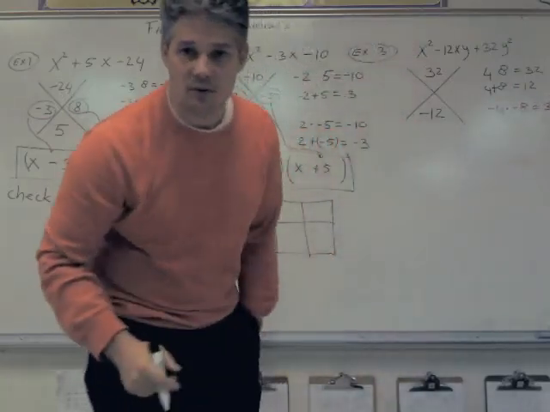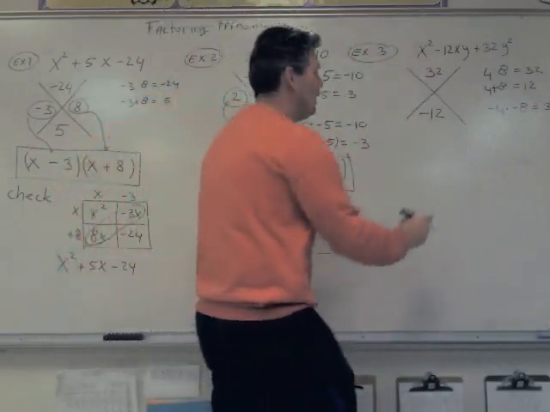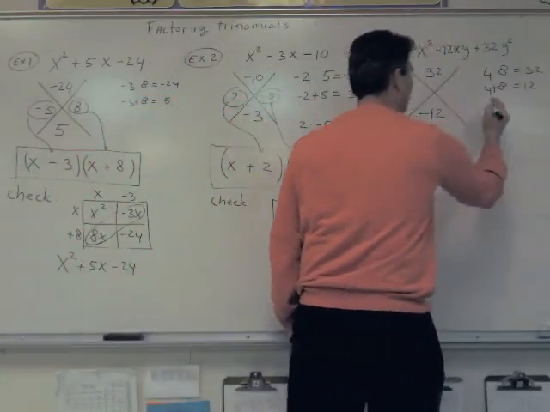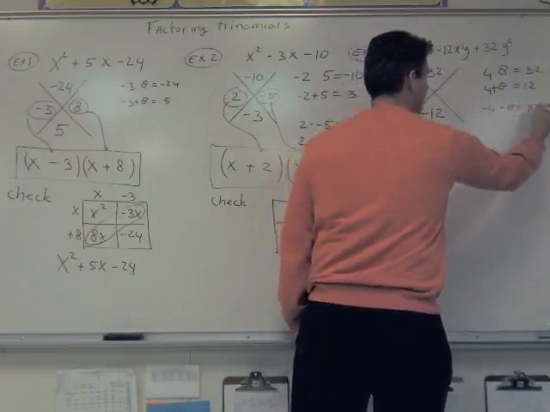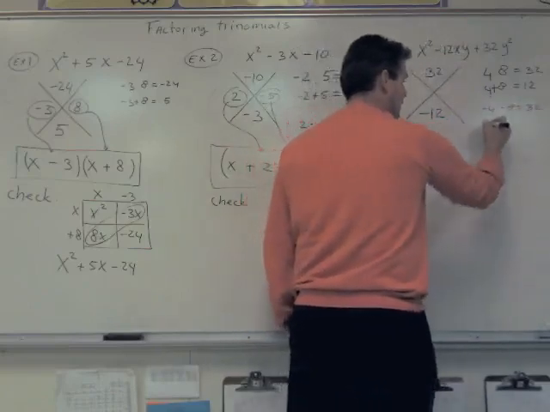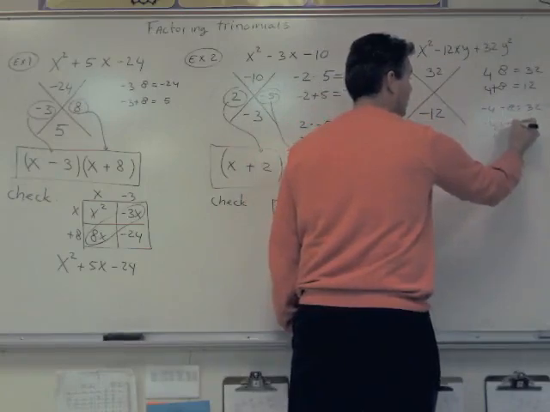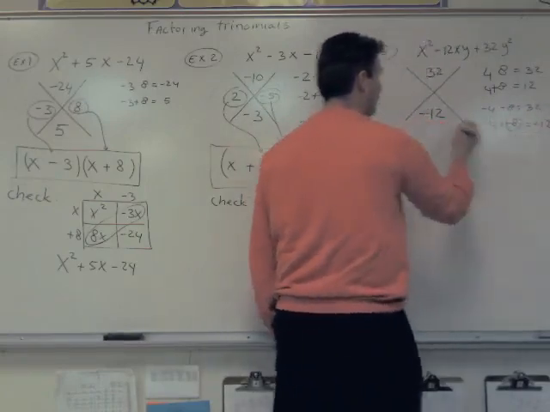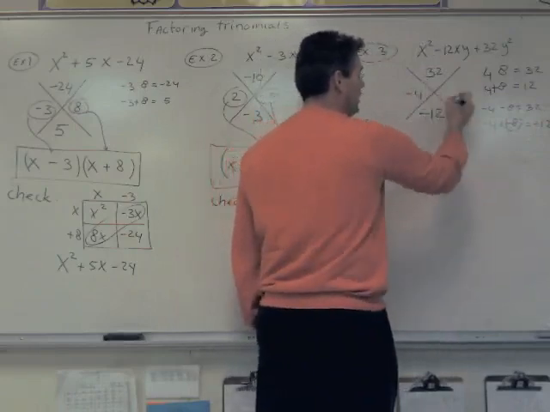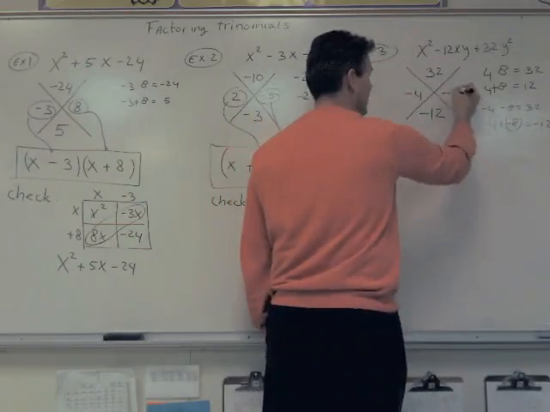I think I just went off the screen there a little bit. So I'll move it over here. So negative 4 times negative 8 equals 32. And if I add these together, I get a sum of negative 12. So we've got negative 4 and negative 8.